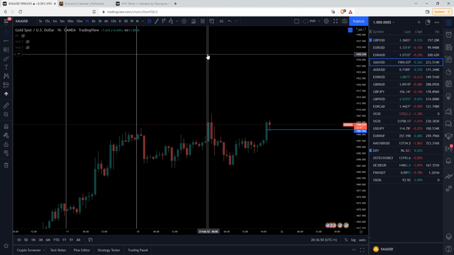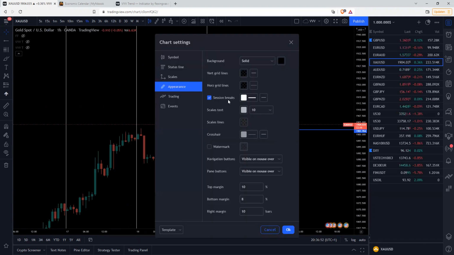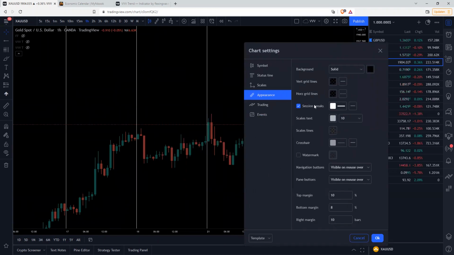here you see on the chart as well, I added the session breaks actually. This is simple. You would just see on the chart when the day starts and the day closes.